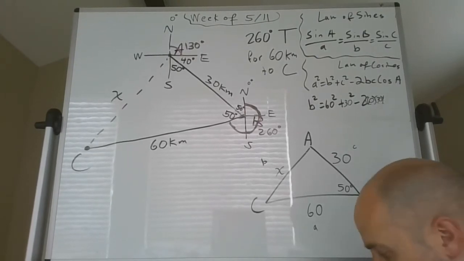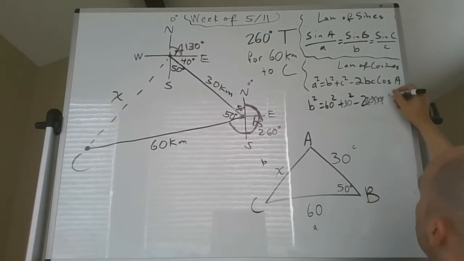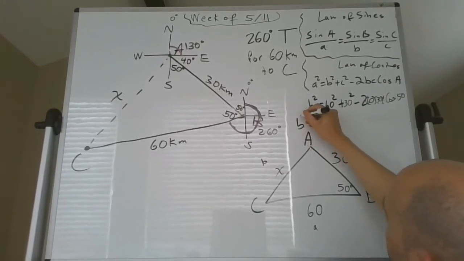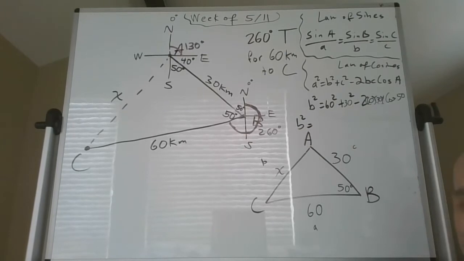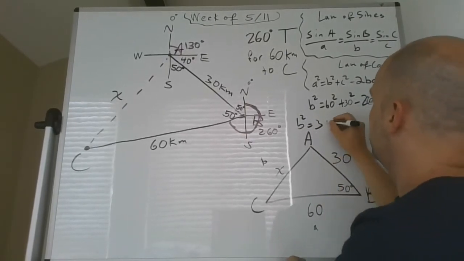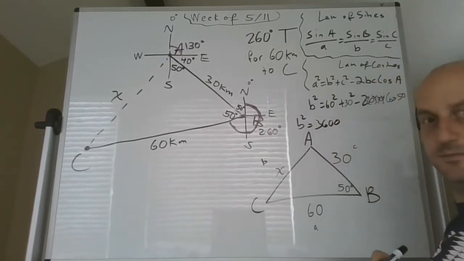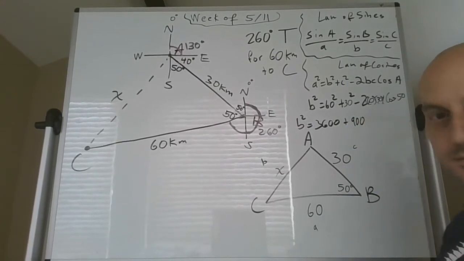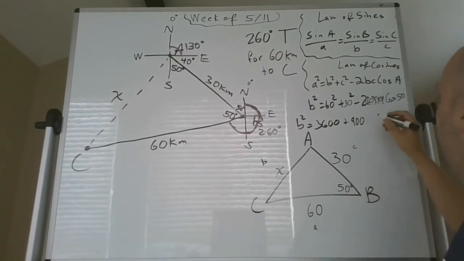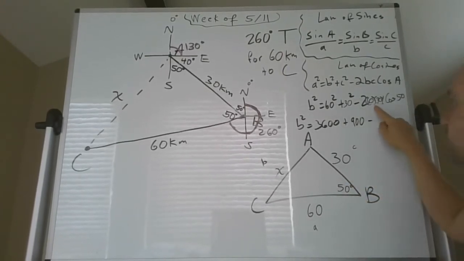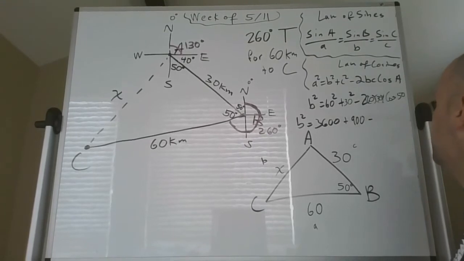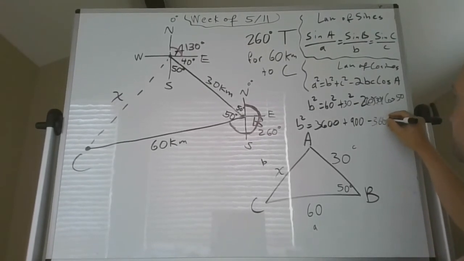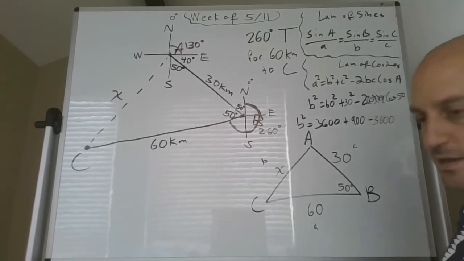Let's figure out what the cosine of 50 is. So we have B squared equals 60 squared is 3,600. 30 squared is 900. Minus 2 times 60 times 30, which is going to be 3,600 it looks like.